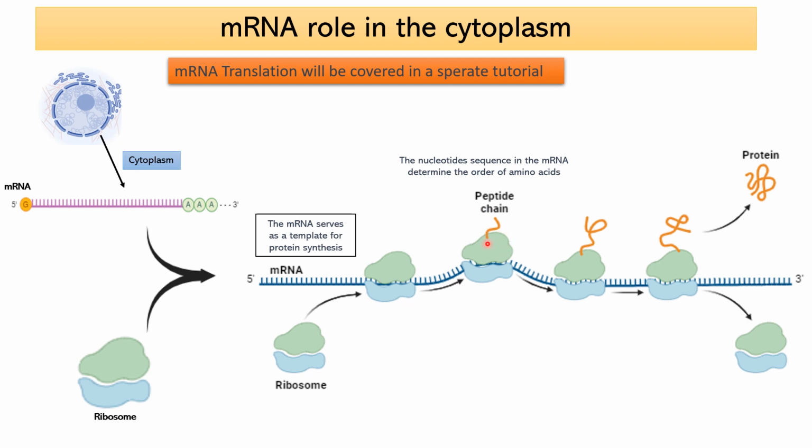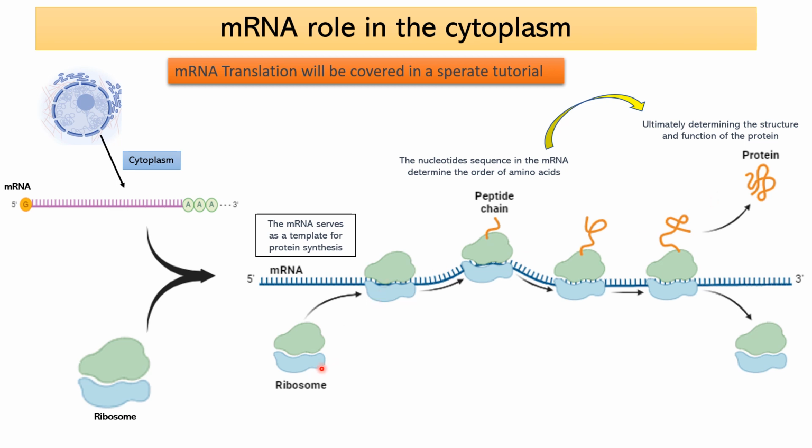The order of nucleotides within the mRNA will determine the order of amino acids in the polypeptide chain. Therefore, the order of amino acids will ultimately determine the structure and the function of the synthesized protein. So this process is very essential for producing all the different proteins that a cell might have.